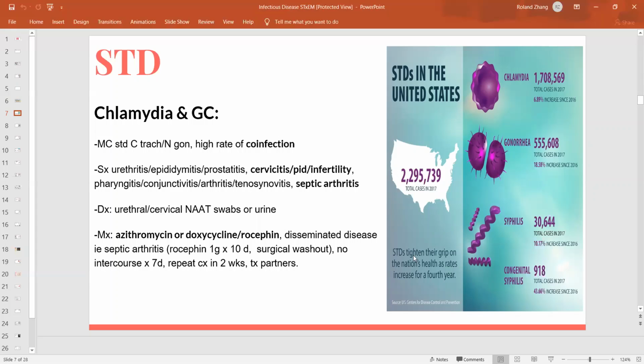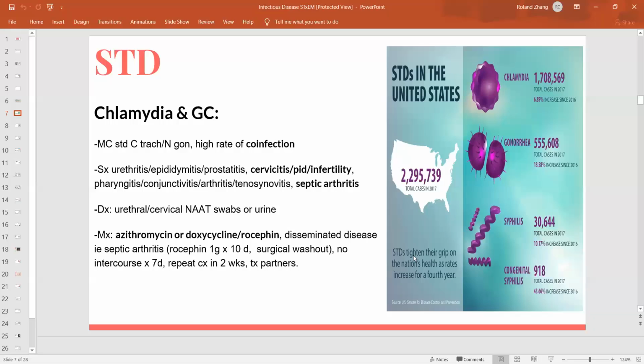If you look at the illustration on the right, this is, I think, data from 2 or 3 years ago, which I don't think has changed much. In the past 2 years, chlamydia has almost more than 1.5 million cases, and gonorrhea is almost 500,000.